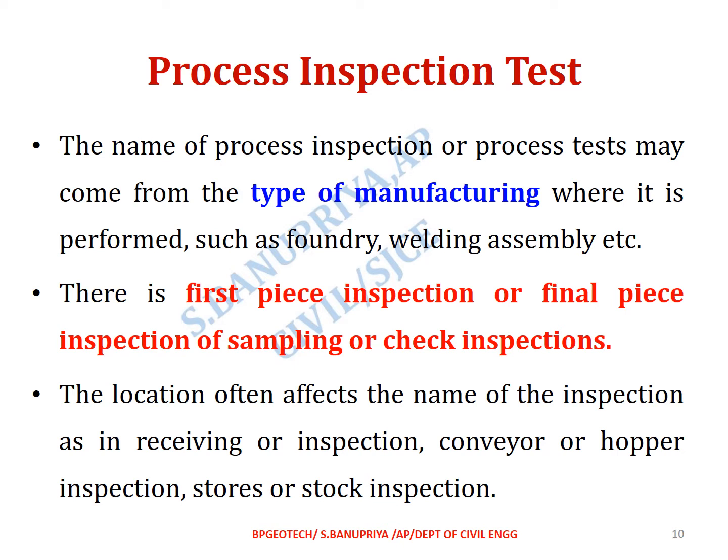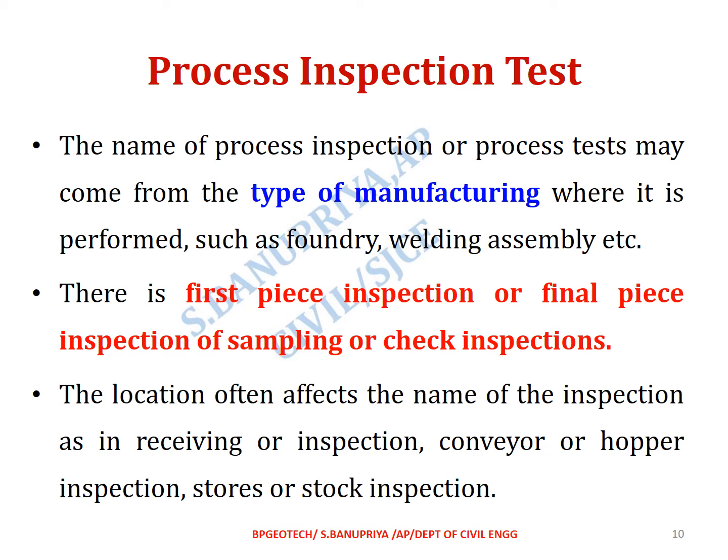The last testing is process inspection test. The name of process inspection or process test may come from the type of manufacturing where it is performed, such as foundry, welding, assembly, etc. There is first piece inspection or final piece inspection, sampling or check inspection.